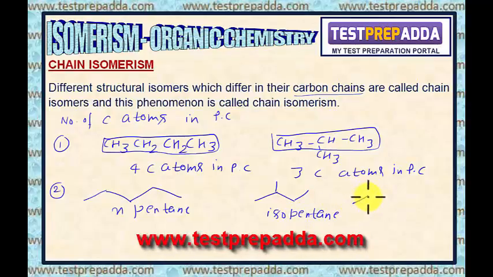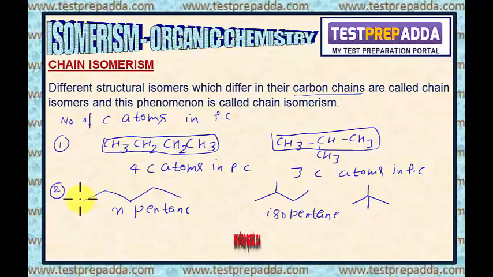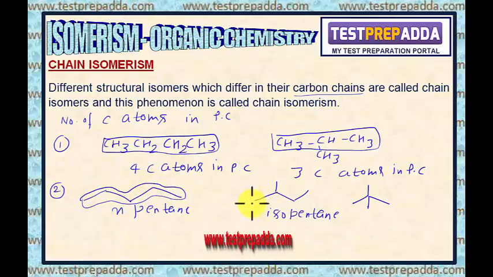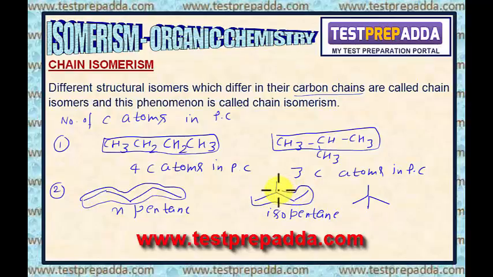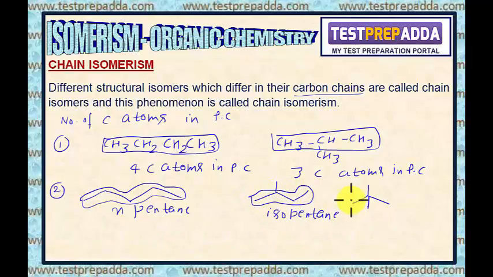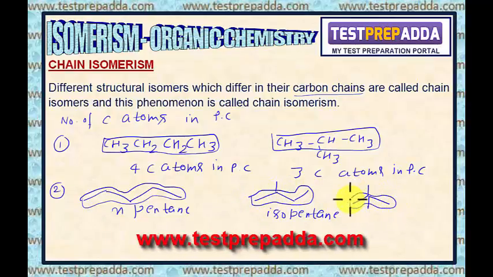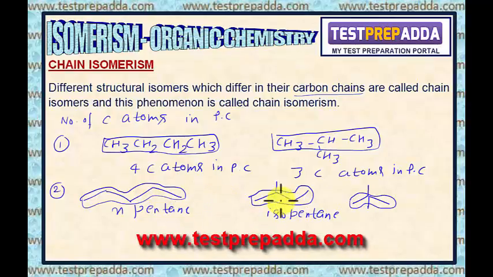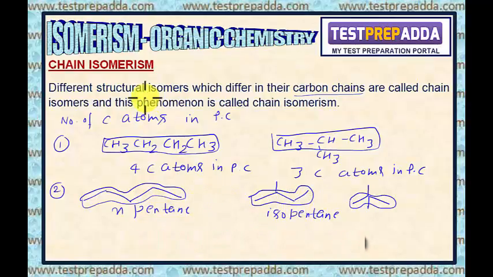Now, one more branching. You can see how many carbon atoms in the parent chain? 5 here. Here how many? 4. Here how many? 3. So the difference is in the carbon skeleton, and that is why these three are chain isomers.